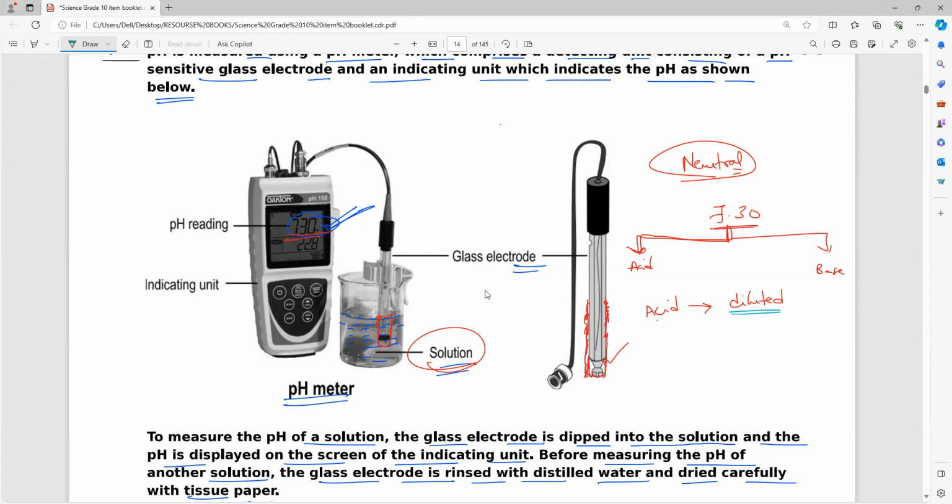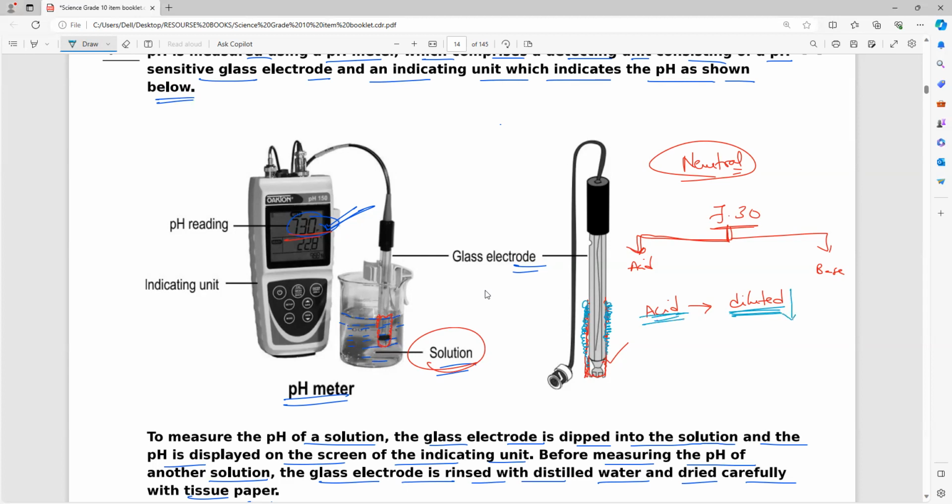Decrease. The concentration is going to decrease, because some drops of neutral substance will be present on the glass rod, so automatically the concentration of the acid decreases. So the acid is going to be diluted.